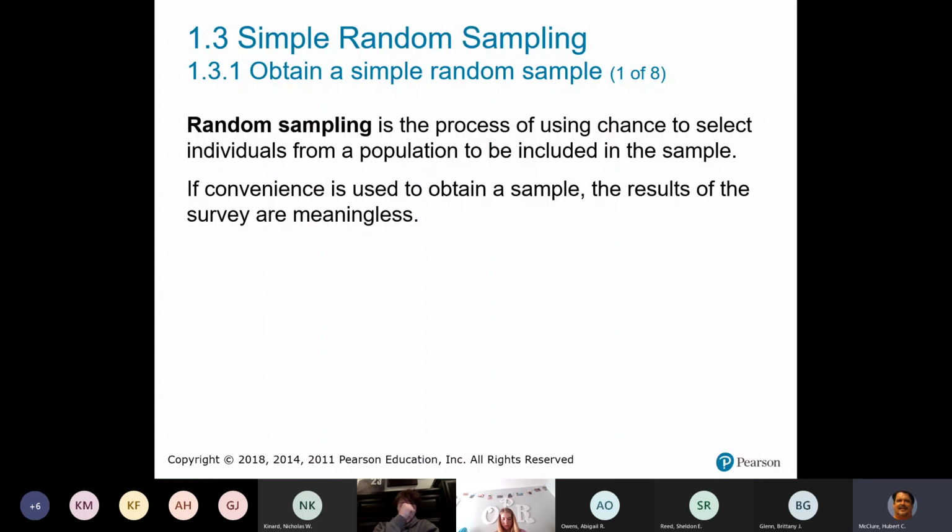So what does that mean? That means I write down every one of your names on a Post-it note, and then I put it in a fishbowl. So write down fishbowl, names in a fishbowl, or names in a hat. That is an example of a random sample.